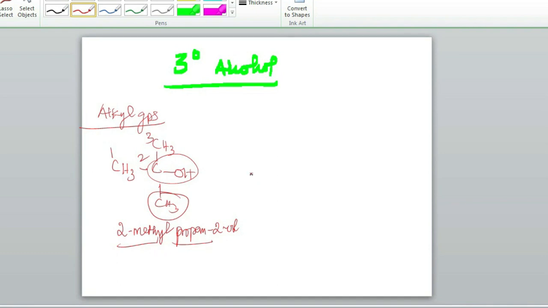This OH group is directly connected to the alkyl group, and that is called a tertiary alcohol. Another is the allyl group, where a double bond is present. The structure is CH2 double bond CH, C(OH), CH3 and CH3.